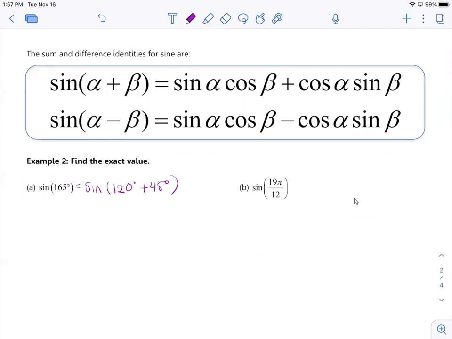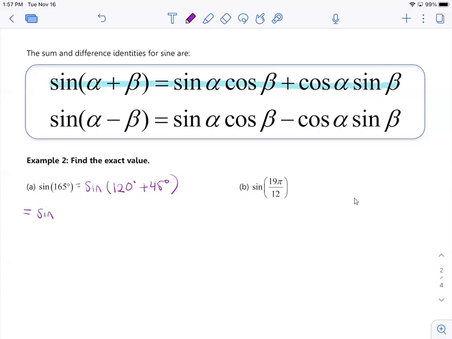All right, so I chose to do the sum, so I'm going to focus my attention here. What this formula says is, I'm going to move here so I have enough space, even though our equal signs should line up vertically. I have sine of alpha, which is 120 degrees, cosine of beta, 45, plus cosine of 120 degrees times sine of 45 degrees.